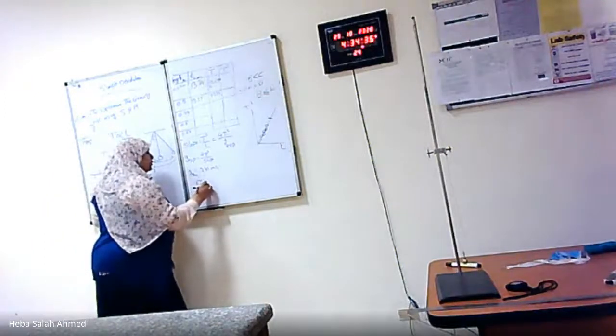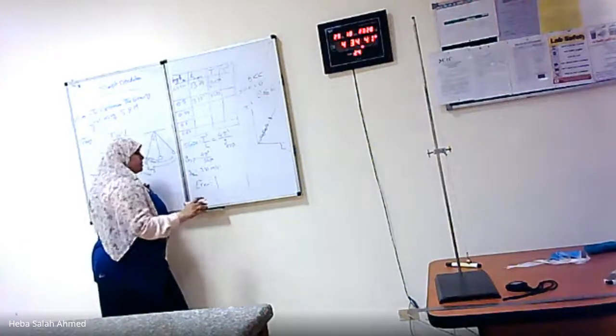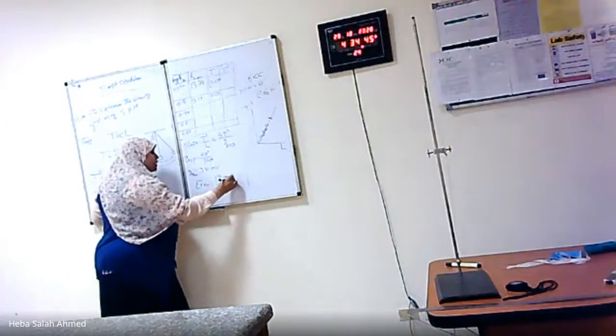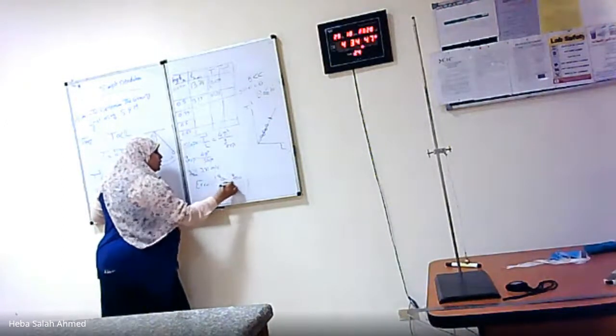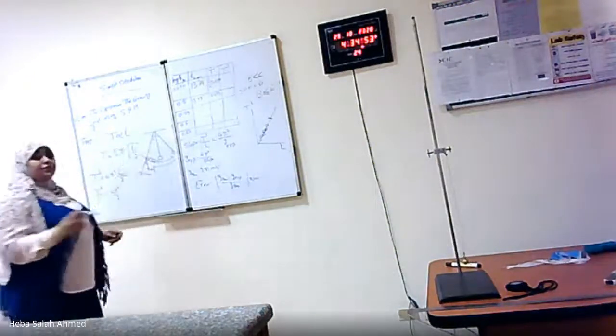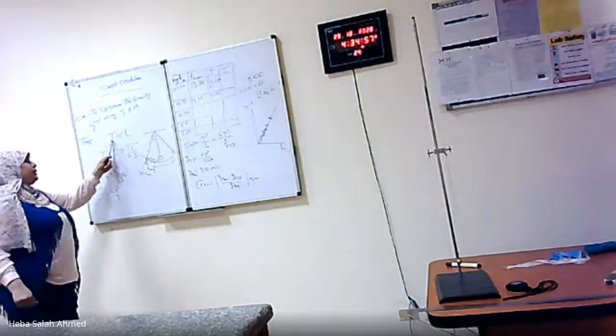The error equals the absolute value, to avoid the negative sign, because there is no error with negative, of g theoretical minus g experimental over g theoretical, multiplied by 100.